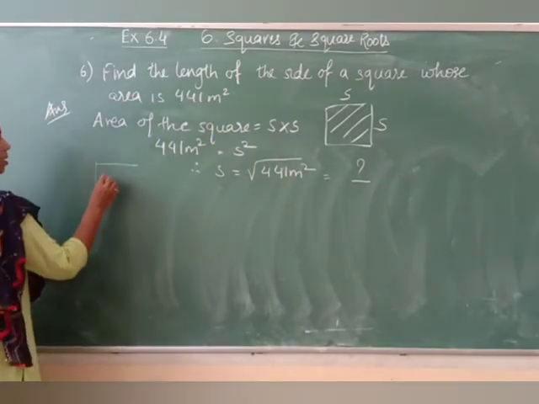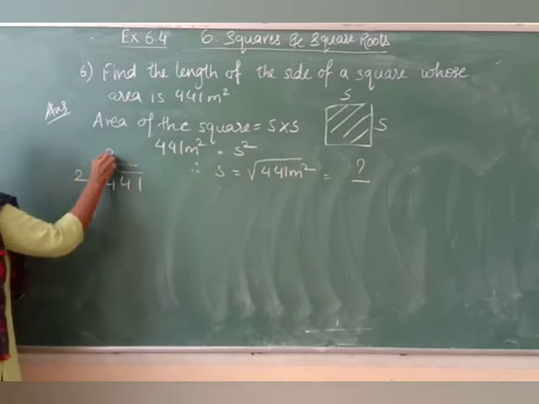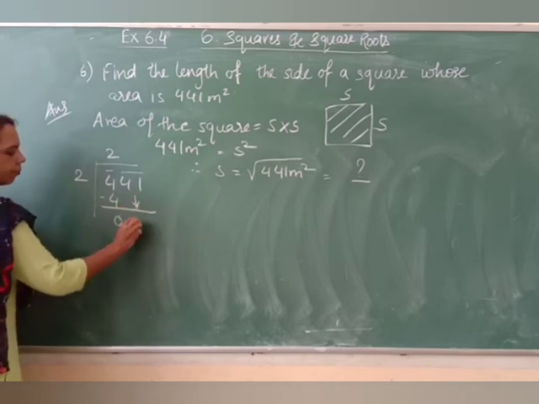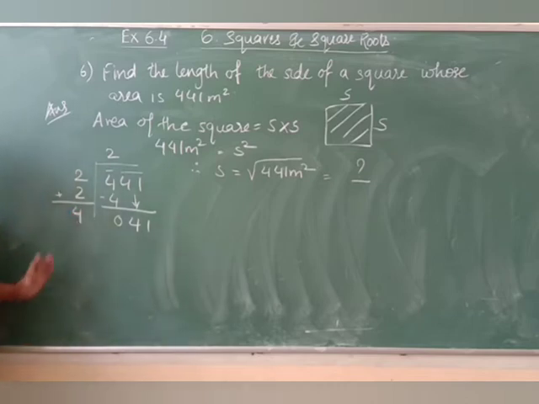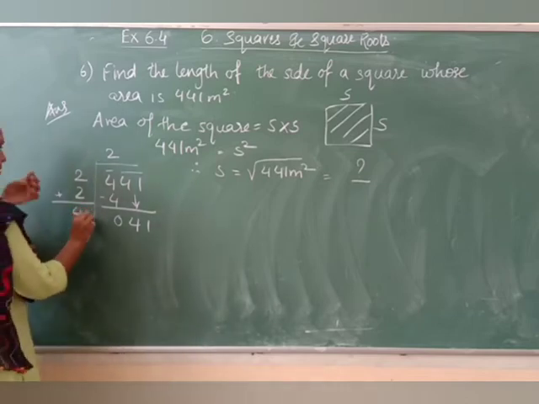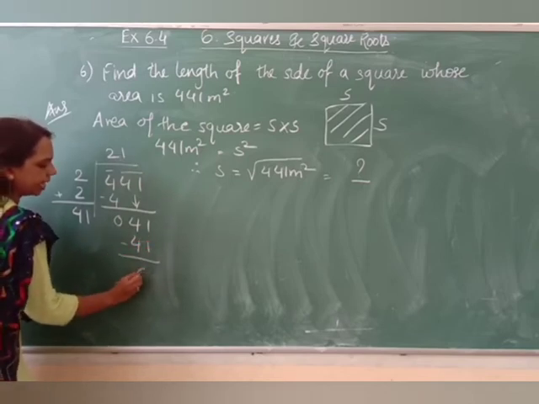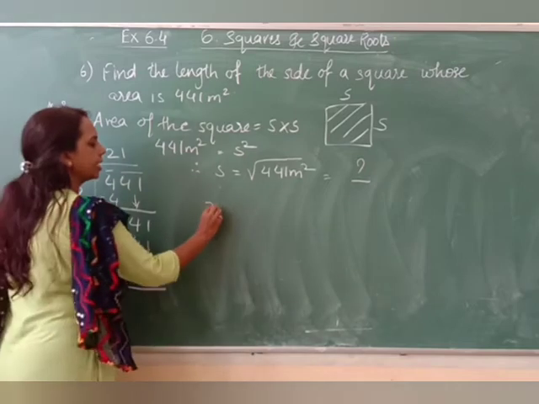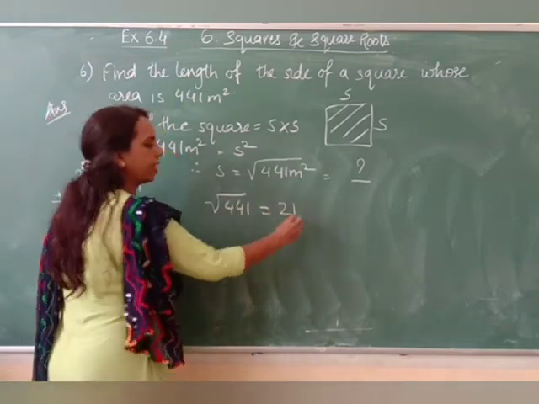Putting the bar, 2 into 2, 41. So subtracting we are getting 0. Here remainder is 0. So we can say that square root of 441 is equal to 21.